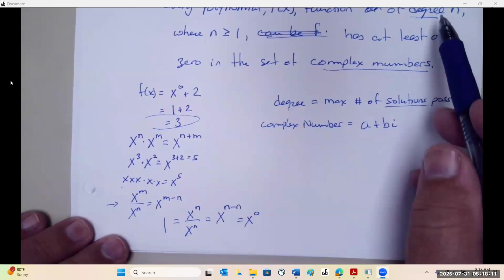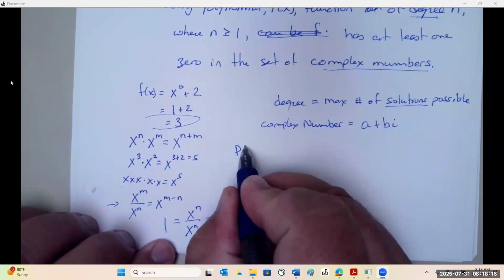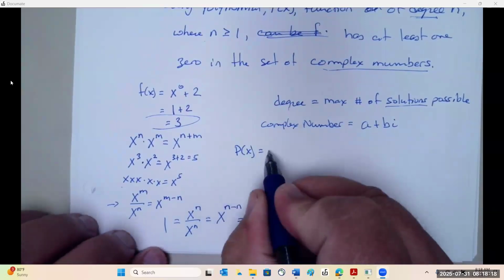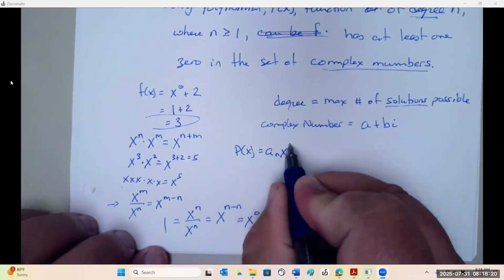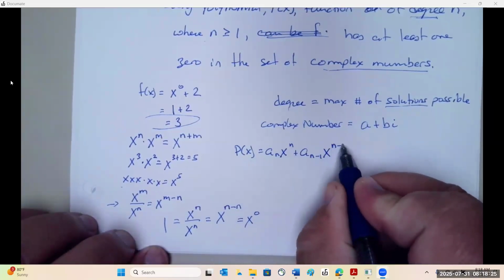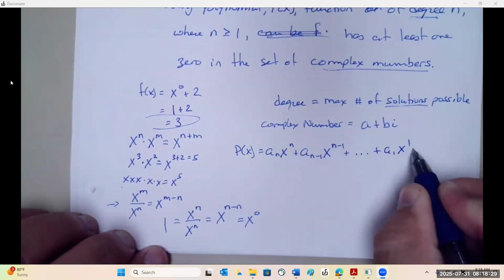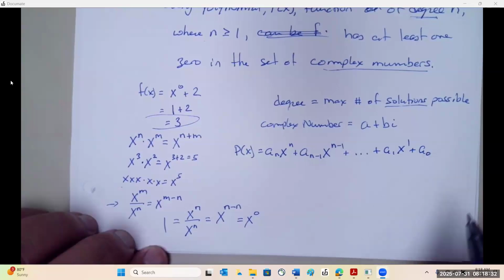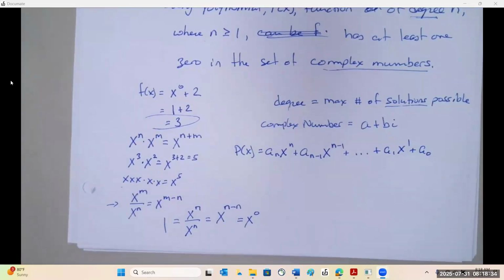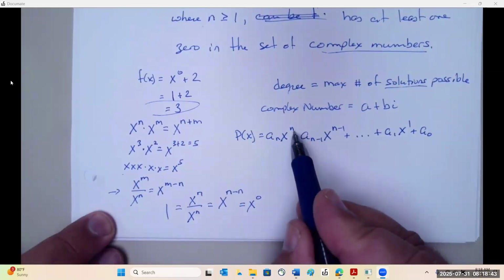So all of your factors, in other words, if you have a polynomial which looks like this, that's a polynomial. It has a degree greater than or equal to 1.